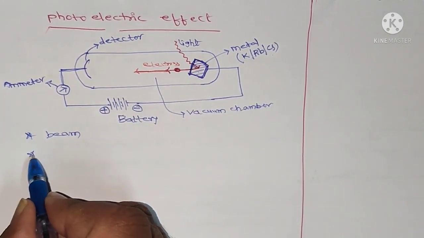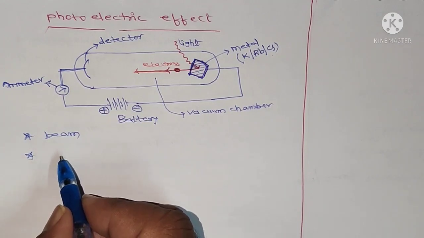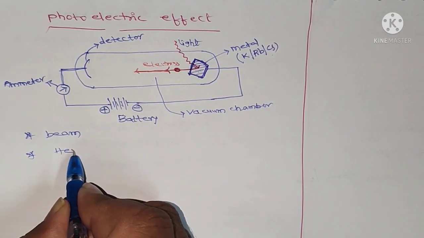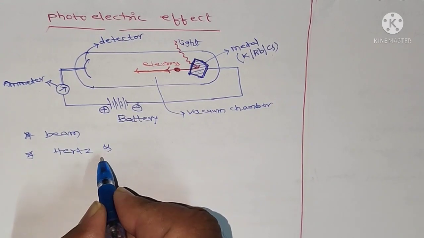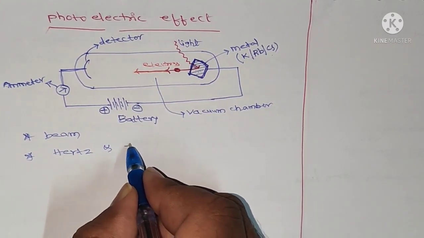The photoelectric effect was observed by the scientist Hertz, and it was explained by Einstein.